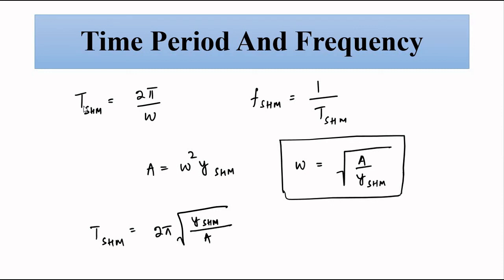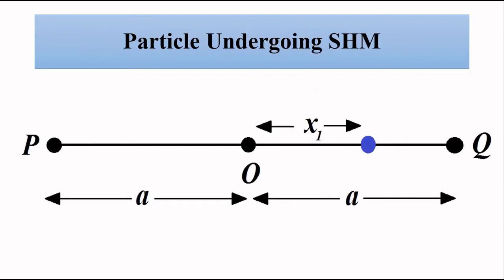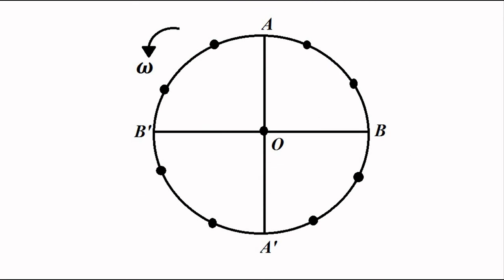And the frequency of SHM is just the reciprocal of that, 1 by 2 pi root over acceleration by instantaneous displacement. So these are the important parameters associated with simple harmonic motion.